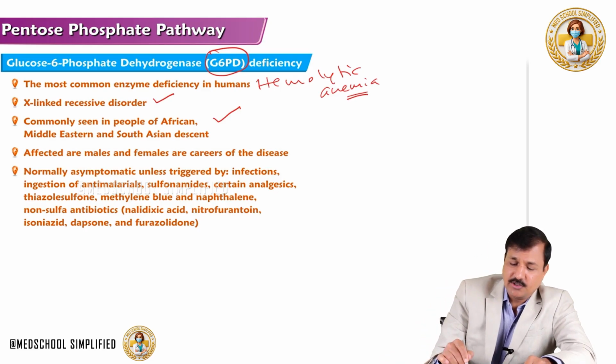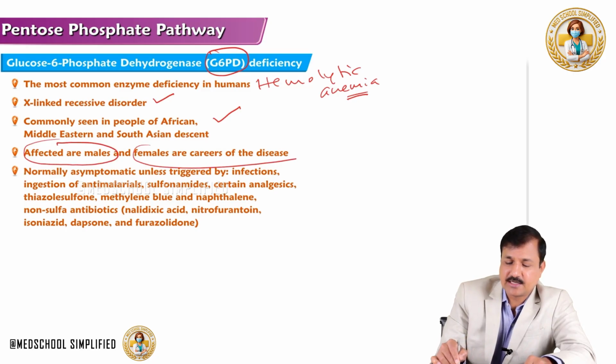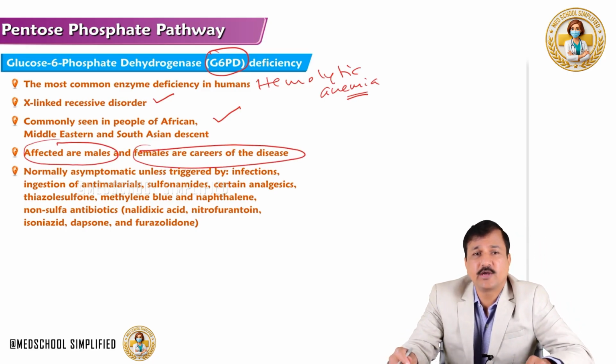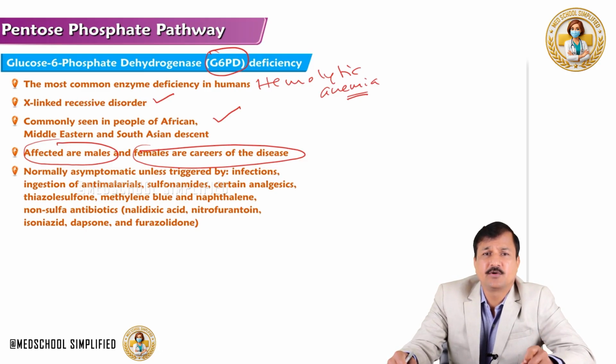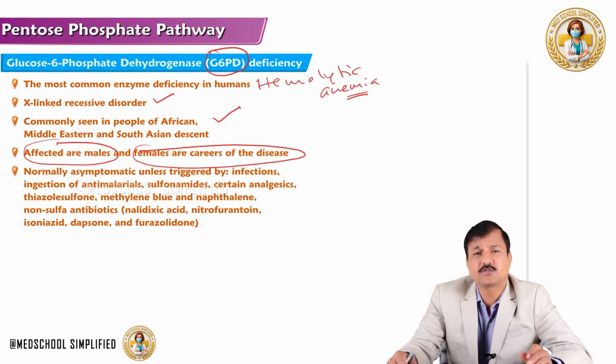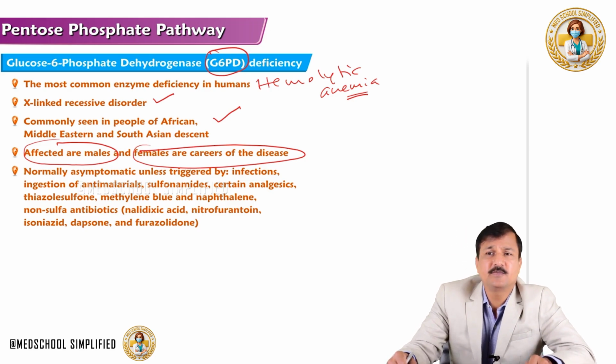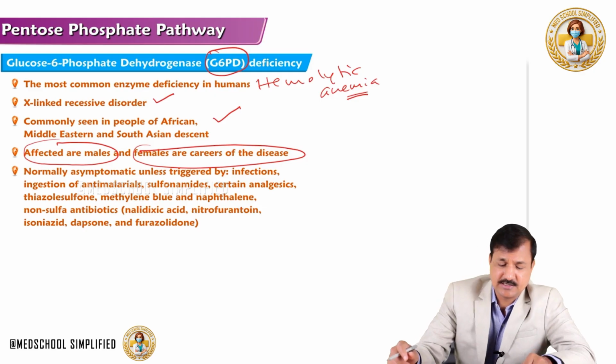So, as I already told you, affected are males and females act as carriers because females have two X chromosomes. So, if one X chromosome is defective, the other X chromosome will take care of the amount of glucose-6-phosphate dehydrogenase that needs to be synthesized. Usually they act as carriers, whereas males have only one X chromosome, and if that X chromosome is defective, they will suffer from severe deficiency of glucose-6-phosphate dehydrogenase enzyme.